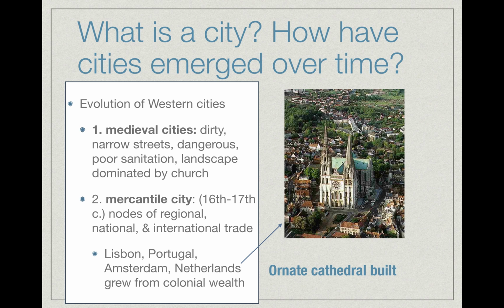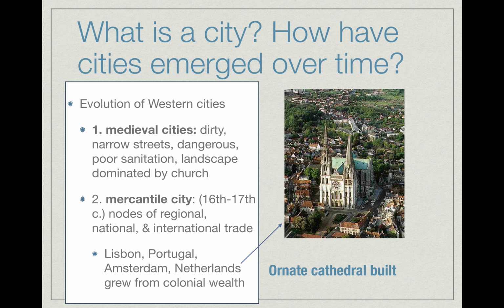Things began to change in the 16th and 17th century when cities went from just being residential centers to being nodes of regional, national and international trade. Mercantile cities, or mercantile, depending on how you pronounce it, are the cities of the 16th and 17th century, largely a product of colonization. Some of these Western European countries were going out and colonizing, and that wealth was brought back to the mother country, or the metropole.